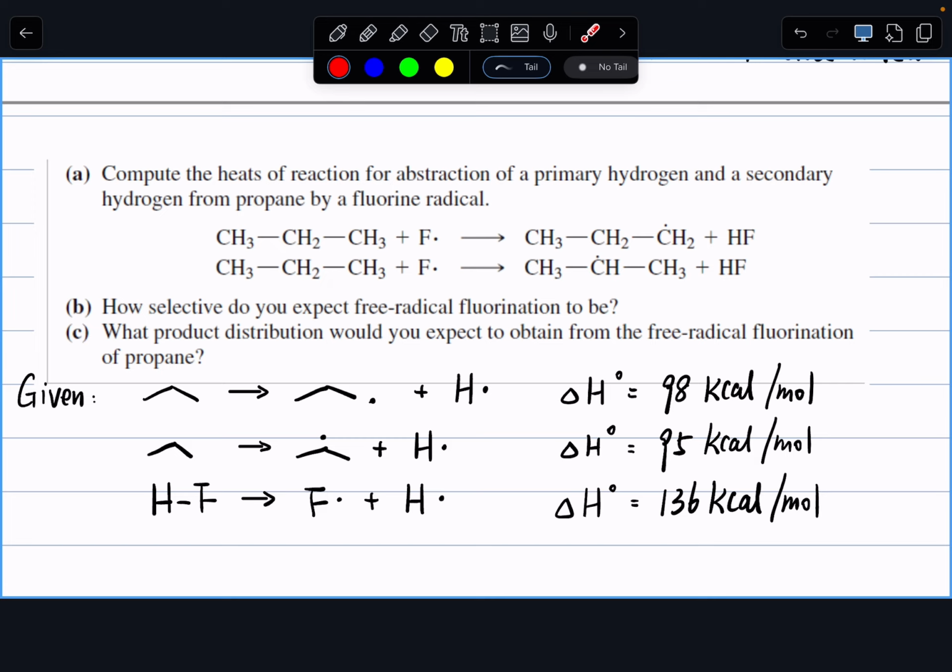So if I put my reactant, which is propane and F dot, somewhere here, my product will be all the way down here. And their difference will be relatively small if you compare it to the overall thermodynamic favorability. Like the difference here is 3 kilocalorie per mole. But the overall reaction is such a downhill process.